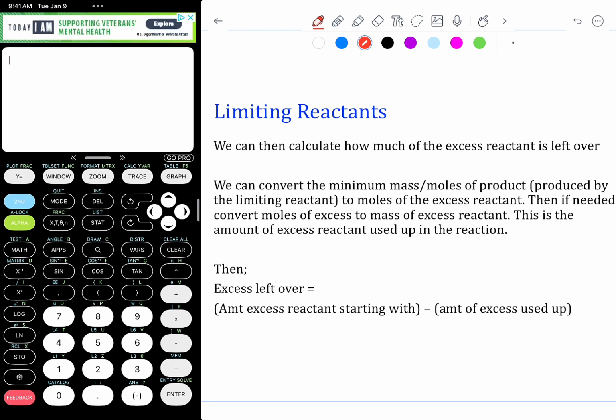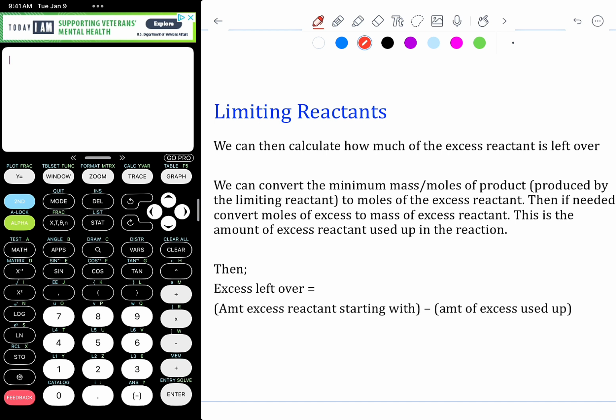Then what we can do is take the difference between the amount of the excess reactant we started with and subtract off the amount of excess that was actually used. So if we relate this back to our hot dog example from earlier, our amount of excess reactant that we started with, well, that would be our hot dogs.